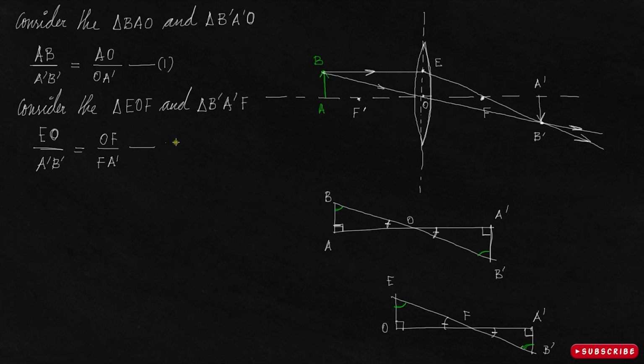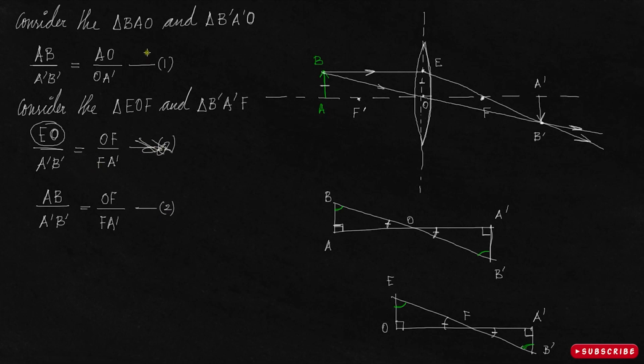Now I can replace this EO with AB. When you look at this diagram, we know AB is equal to EO. Clear? So this can be written as AB divided by A dash B dash is equal to OF divided by FA dash. Let me put this as equation number 2.